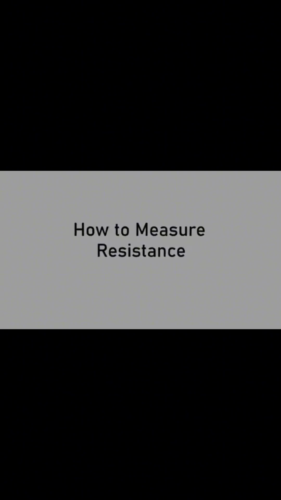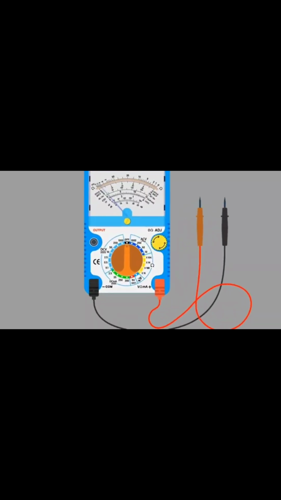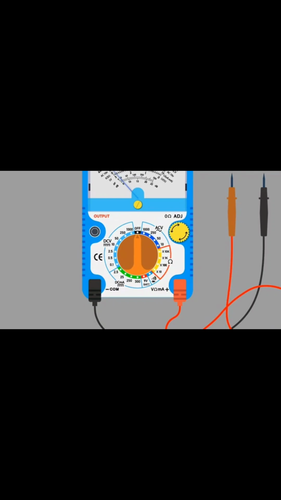How to measure resistance with the help of an analog multimeter. Take a multimeter. Connect the red probe with the ohmic port. Connect the black probe with the common port. The blinking line shows the ohmic section. The arrow shows the measuring range of resistance. Select the X10 range.